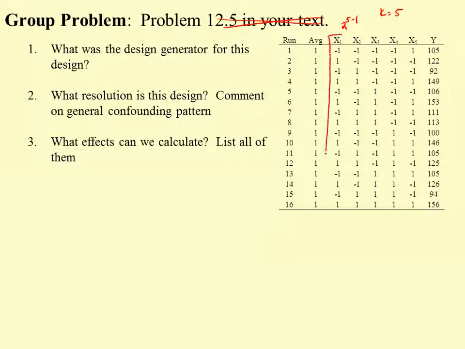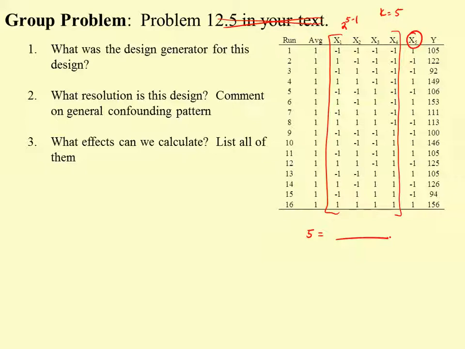We write the base design, which would be a full factorial in 4 factors, that's this, and then we have to add in our extra or added factors. We do that by picking some design generator: 5 equals something, generally some interaction between 1, 2, 3, 4, and so forth.